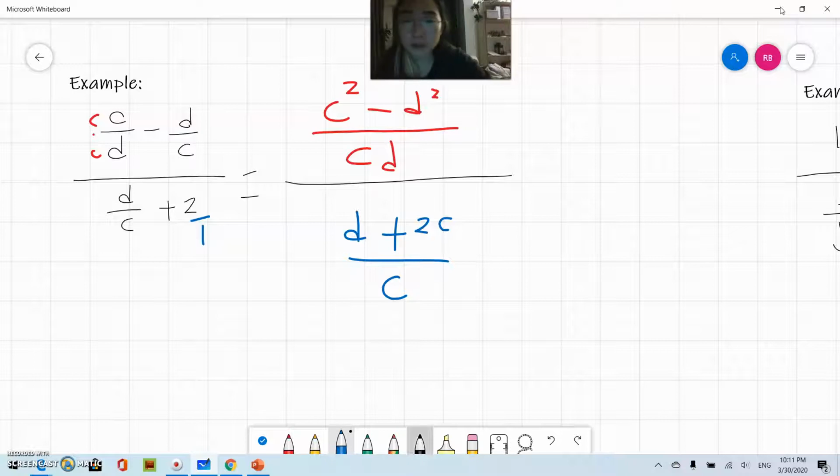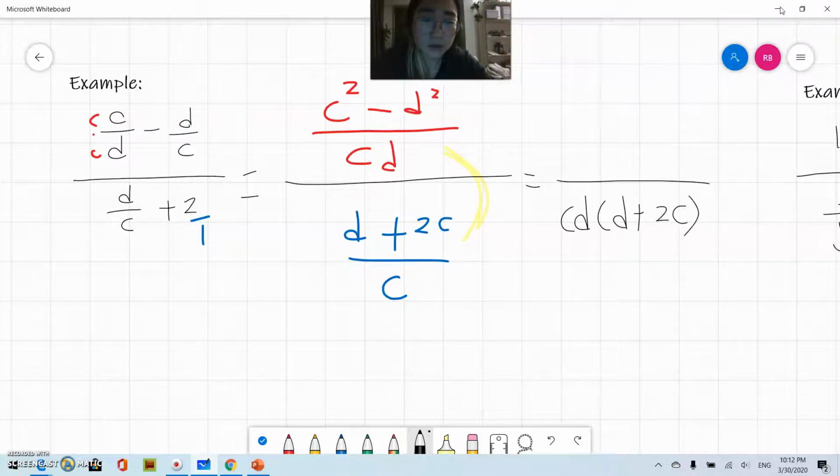All right, I told you I'm going to use a shortcut. So the shortcut is that the inside terms, you multiply them together, and that becomes the denominator: CD times (D plus 2C). Okay?